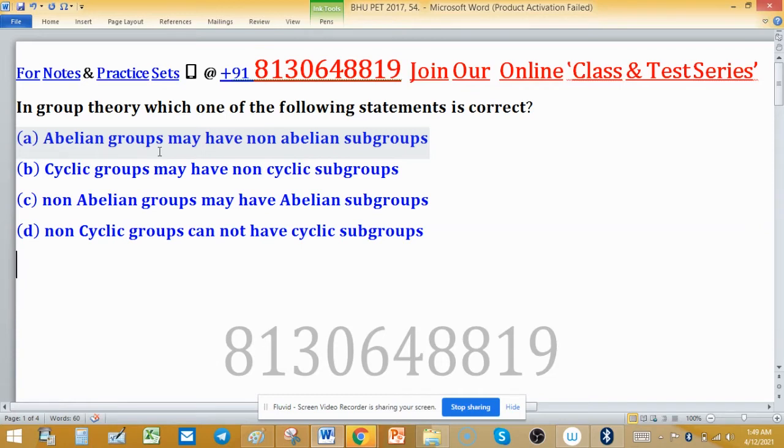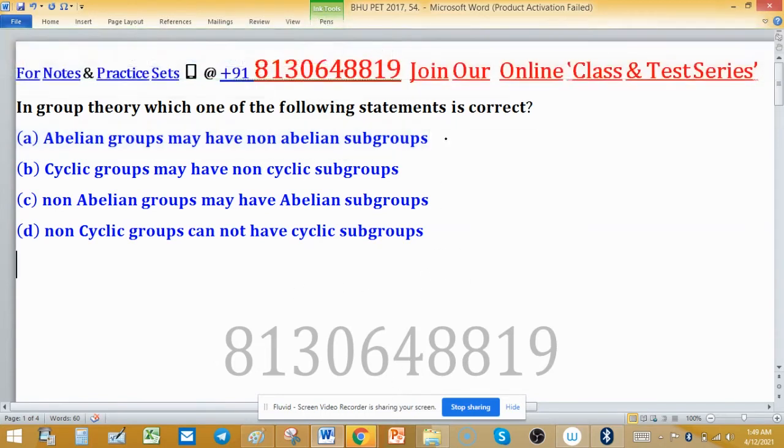That's why a non-abelian subgroup doesn't exist. So a subgroup of an abelian group must be abelian. The statement is partly correct, but because of the word non-abelian, it becomes wrong. So the first statement is wrong here.